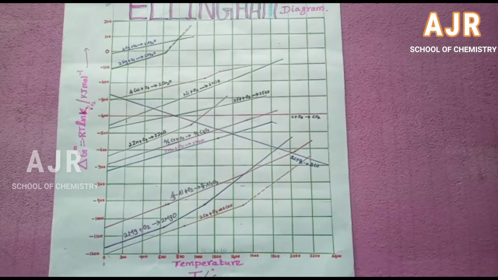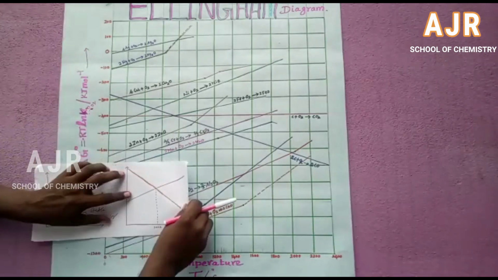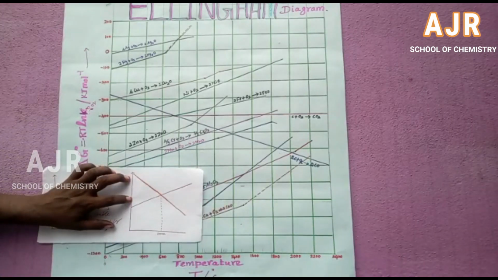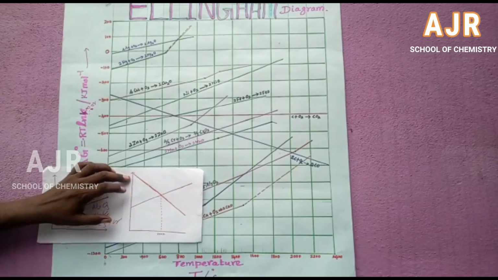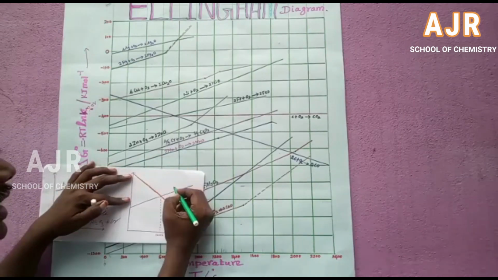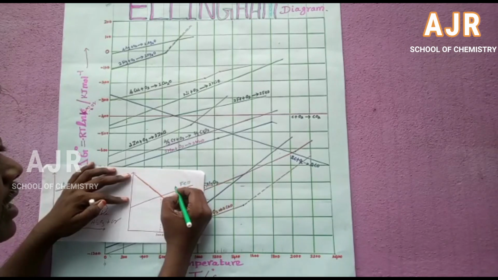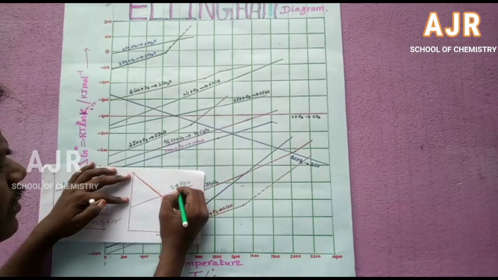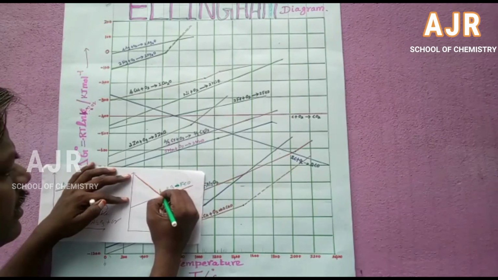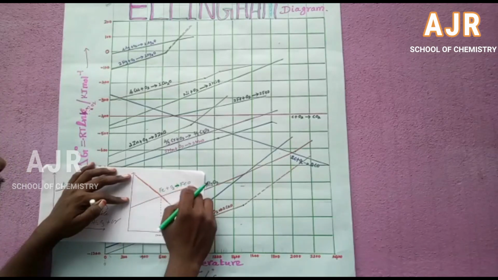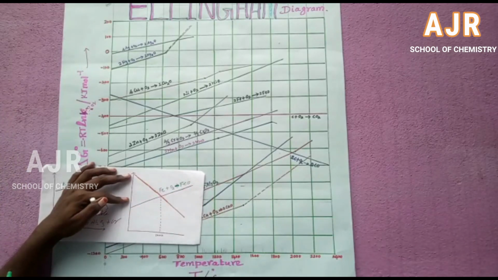In the Ellingham diagram, for the formation of iron oxide, this is the iron oxide line.